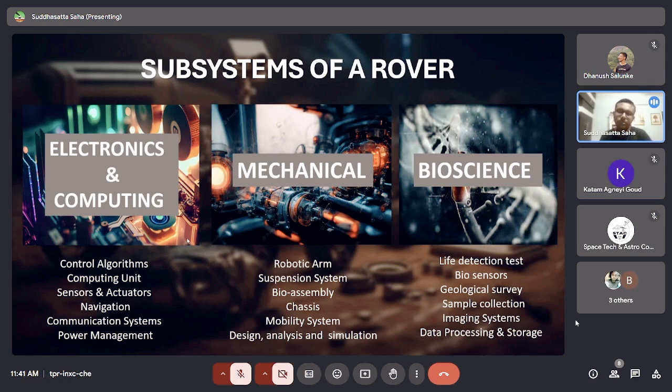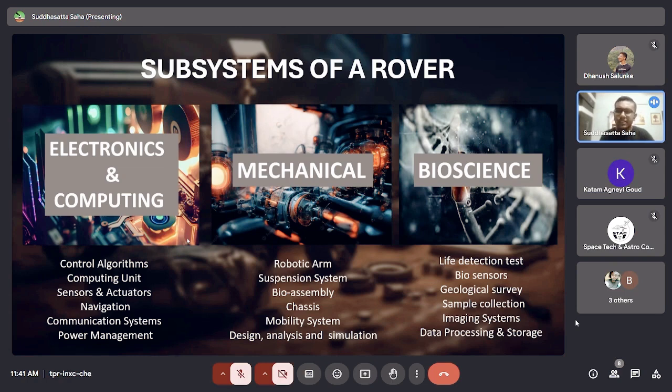And now finally we come to another aspect, which deals with the scientific investigations, the scientific experiments which are conducted by the rover. So it is the bioscience domain, the subsystem. The bioscience subsystem also deploys engineers from both the electronics and computing domain and the mechanical domain, because we need to build hardware and software for the rover to conduct experiments related to detection of life, which is very interesting, extraterrestrial life, potential for having water or such.